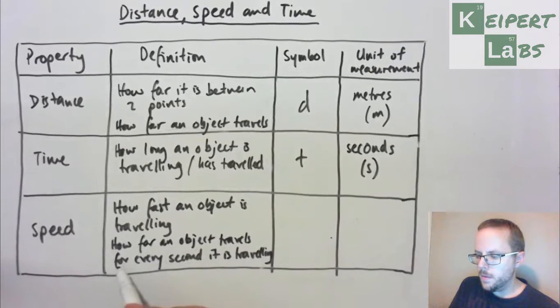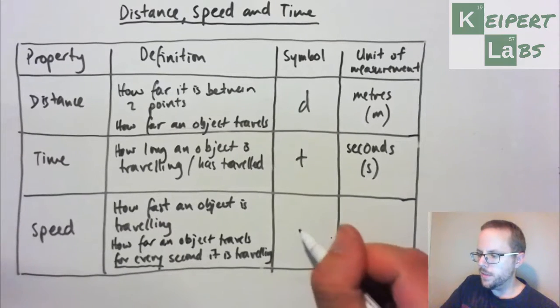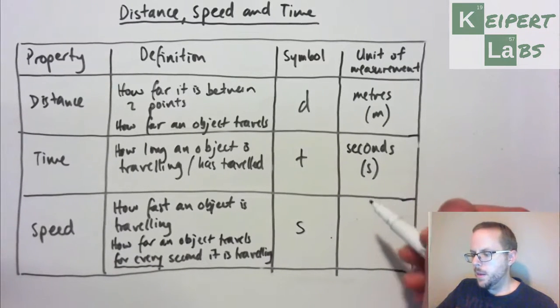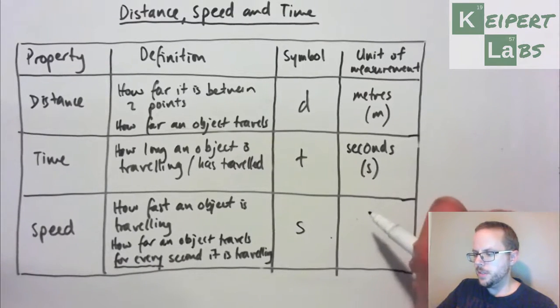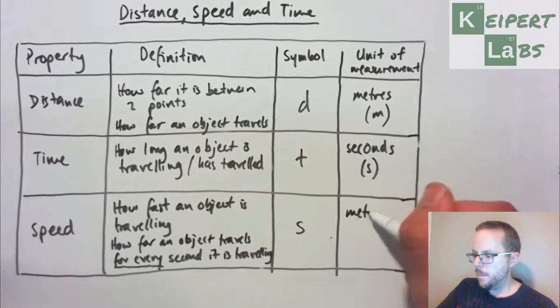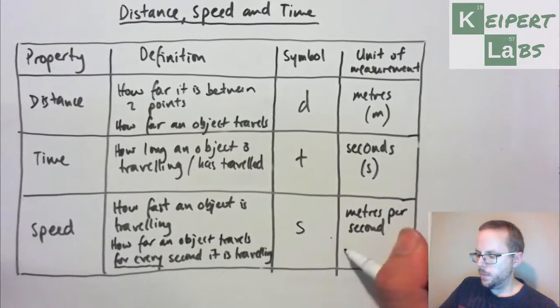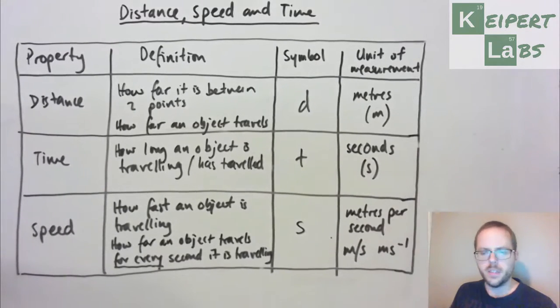So, the distance it travels for every second that it is travelling. We give it the symbol s, and its unit of measurement is meters per second. We would say m/s, or m s to the -1, which is another way that scientists might refer to it.